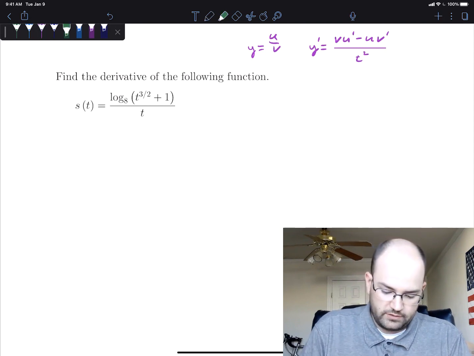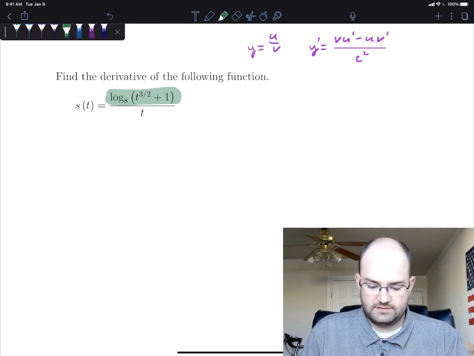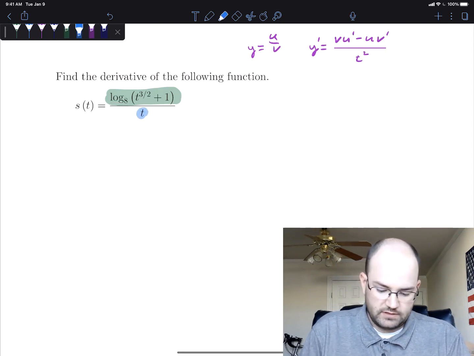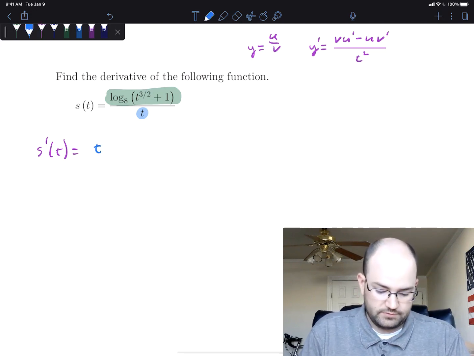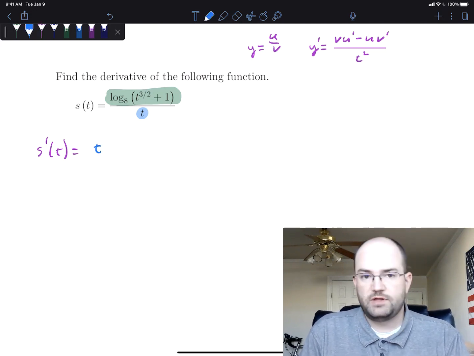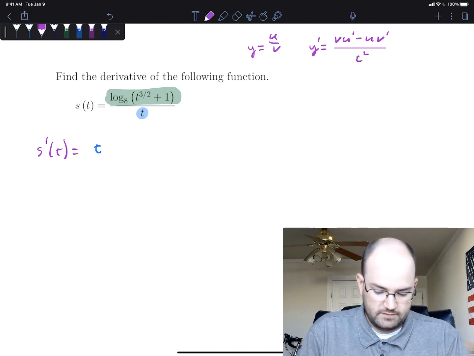Now the numerator here is going to be log base 8 of t to the 3/2 plus 1. The denominator will be t. So to find s prime of t here, we're going to start out with just writing down the denominator t, and then multiplying by the derivative of the numerator.